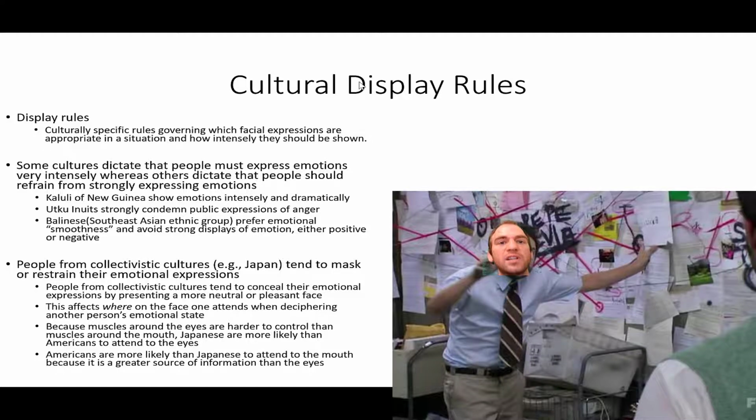in the types of emotion and the intensity of emotions, how much intensity should be expressed.